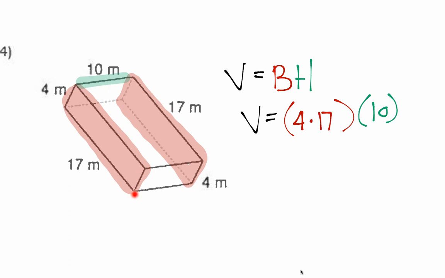Notice if you chose down here, you would have done 10 times 4 times 17. No matter how you do it, you're just going to multiply length times width times height. Rectangular prisms are pretty easy. It's just multiplying the 3 dimensions. It's 170 times 4. That's 680 cubic meters.